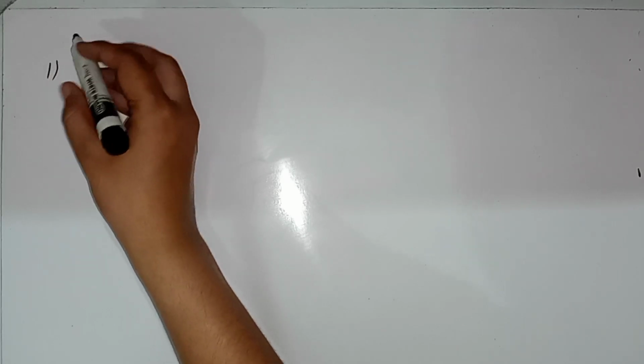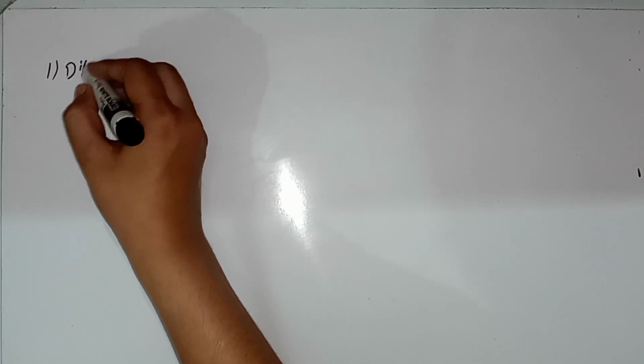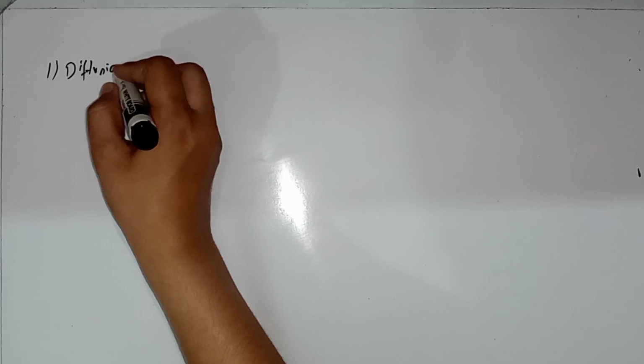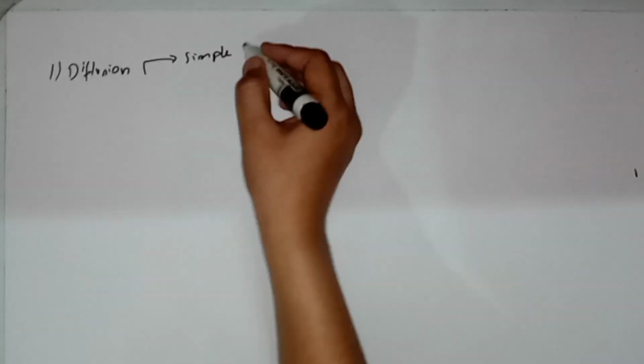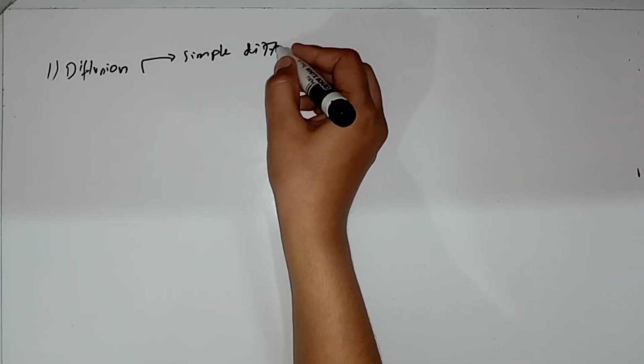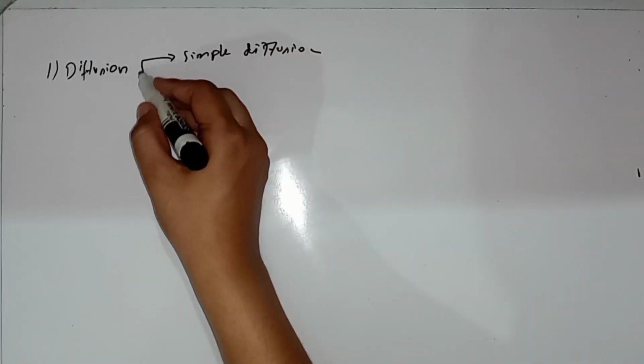Hi there, in this lecture we will be discussing the different types of transport occurring across the cellular membranes. The different kinds of transport which occur across the cellular membrane include diffusion, which can be either simple diffusion or facilitated diffusion.